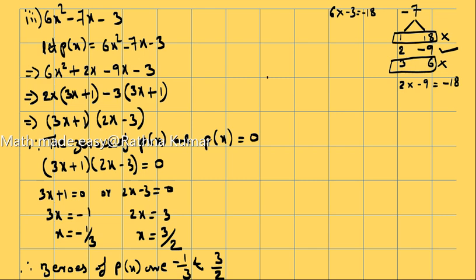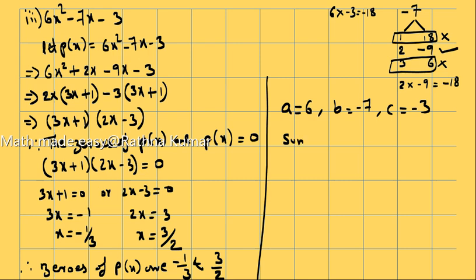Okay. So now we'll do the relation between zeros and coefficients. Okay. So what are the coefficients? a = 6, b = -7, and c = -3. Okay.